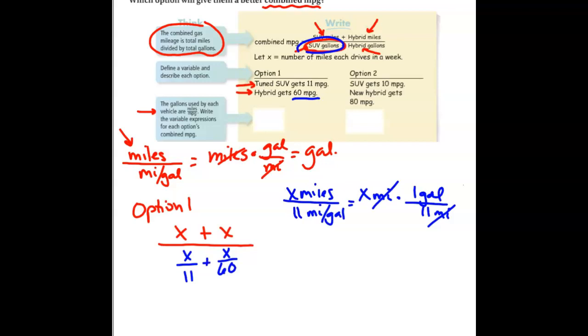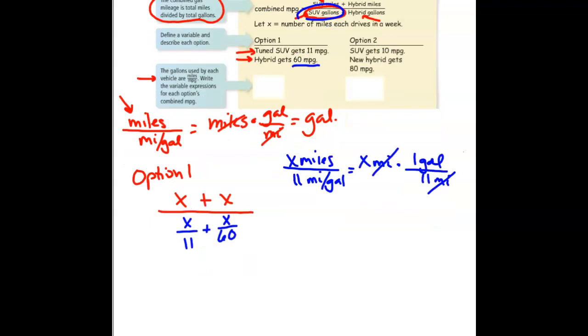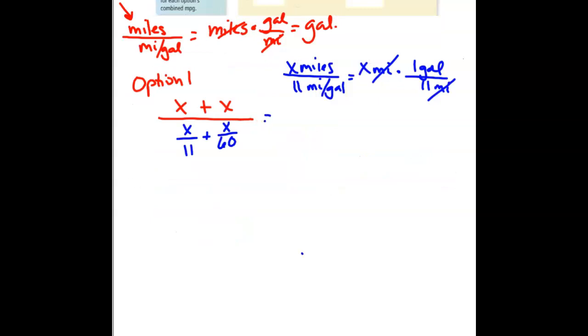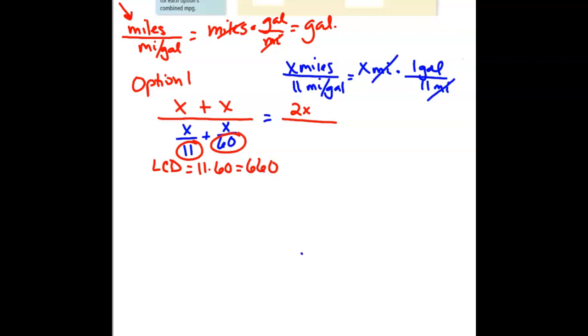All right, to simplify this, we need to get a common denominator in the bottom half. The numerator is fine. X plus X is just 2X. For the denominator, though, we have an 11 and a 60. Our LCD is going to be 11 times 60, or 660.